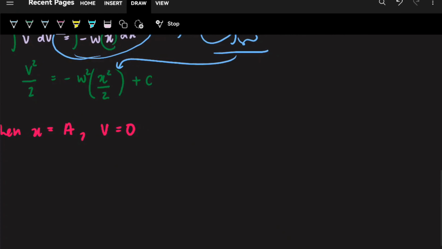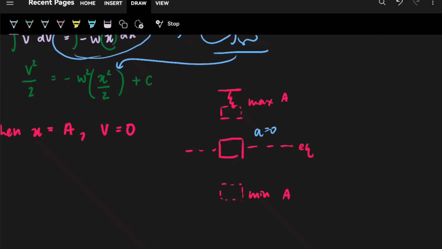So, for example, this is equilibrium. This is when it's at maximum amplitude. This is the minimum. Let me draw them a bit the same distance. Okay, this is the minimum amplitude. So at equilibrium, because you are not moving, you are just there, your acceleration is 0, but your velocity is at its maximum.